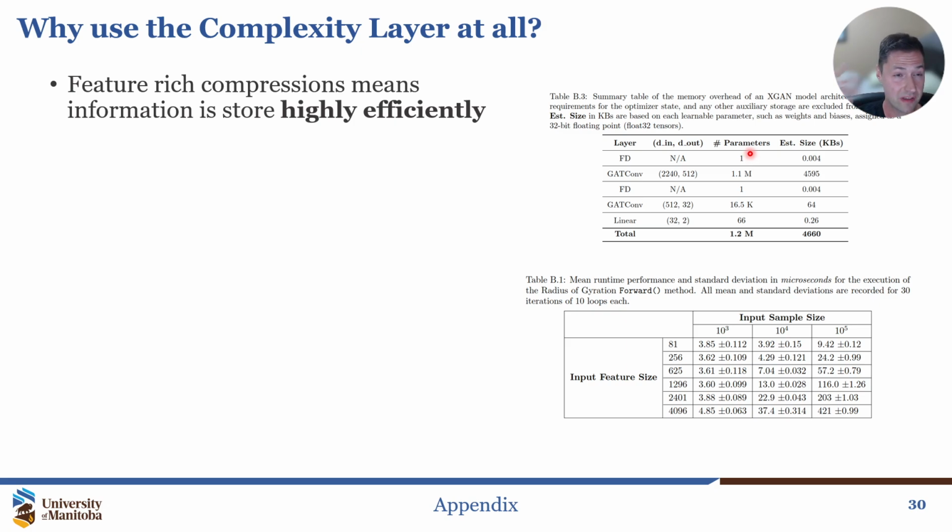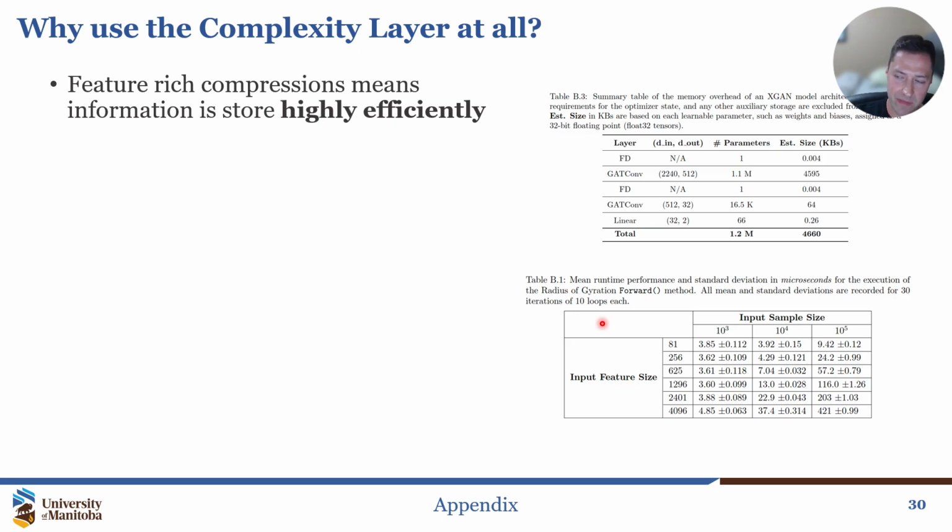And that's just because you're computing complexity of the embedding space in the feed forward and then feeding it in, and you just need to store that weight. You can see that in terms of the uses of, at least for space complexity, the fractal dimension layer is negligible.